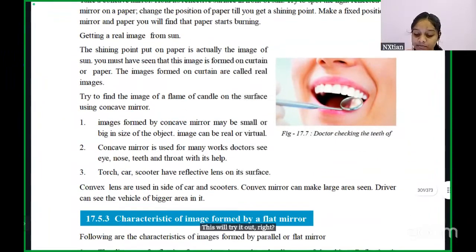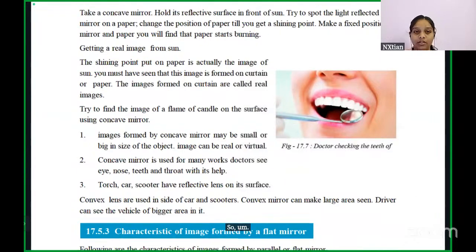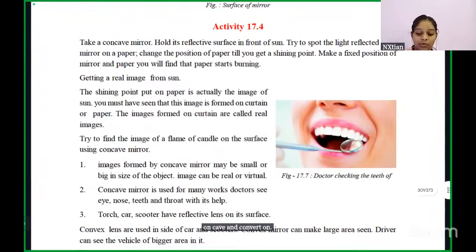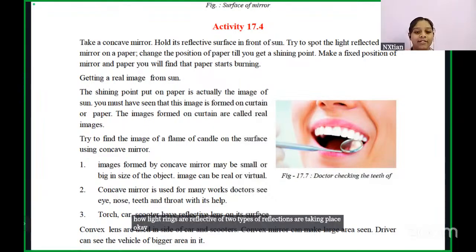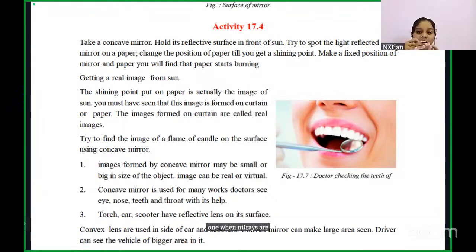So today I'll show you how the light rays are reflected in the concave and convex mirror. Two types of reflections take place: one when light rays are converging, one when they are diverging.